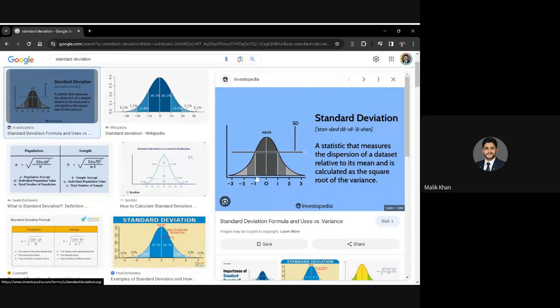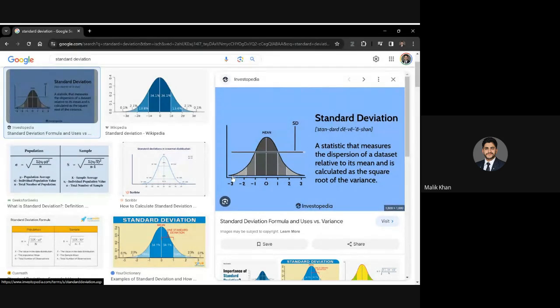So let's consider this as one standard deviation towards the left, one standard deviation towards the right, two standard deviations towards the left, two towards the right, and three towards the left, three towards the right. Remember, this is an empirical rule. Empirical rule says that 68% of the data are within one standard deviation of the mean. 68% of the data will lie over here, right? 95% of the data lies in between two standard deviations of the mean, right?